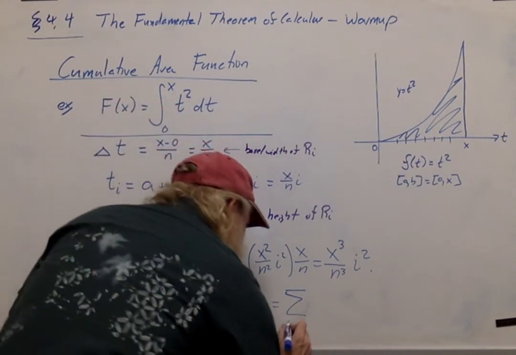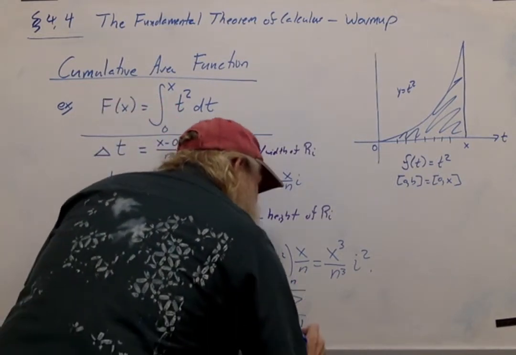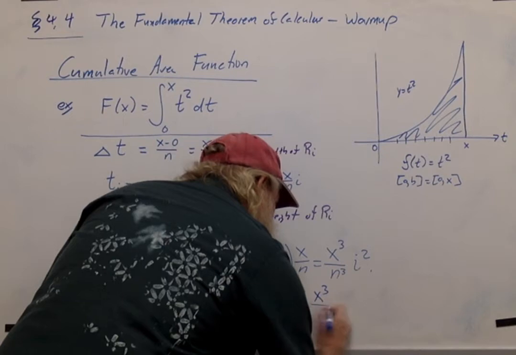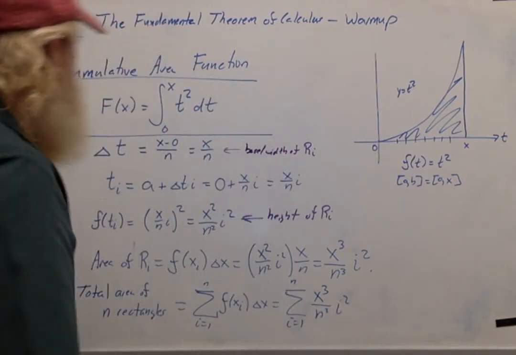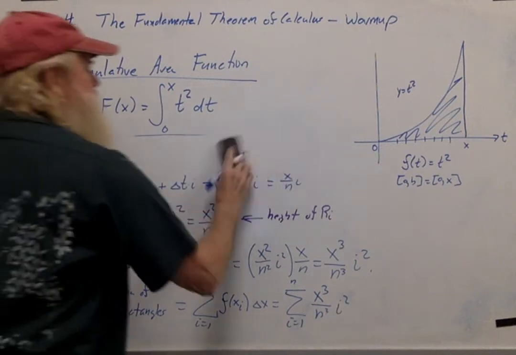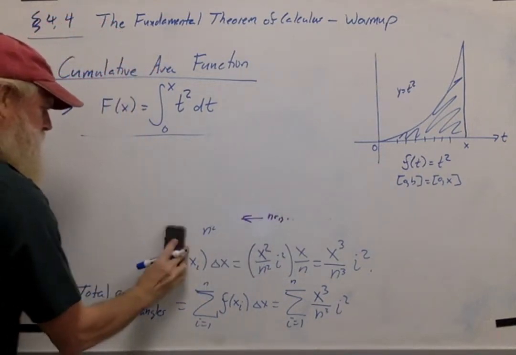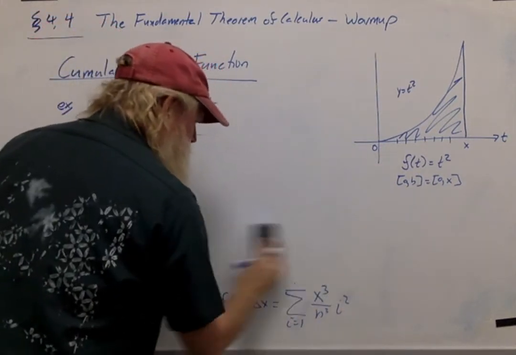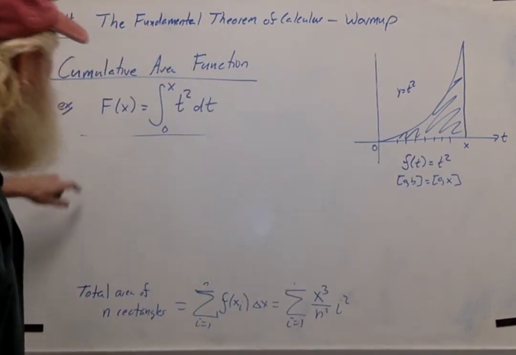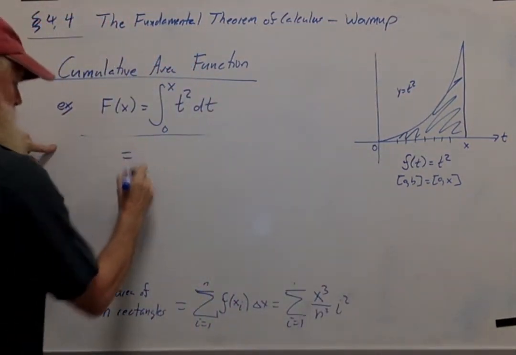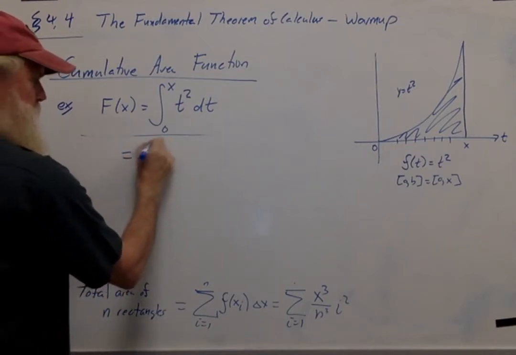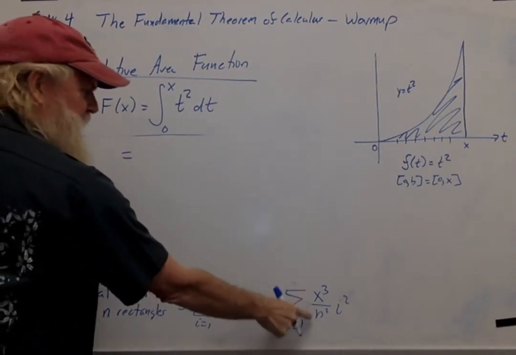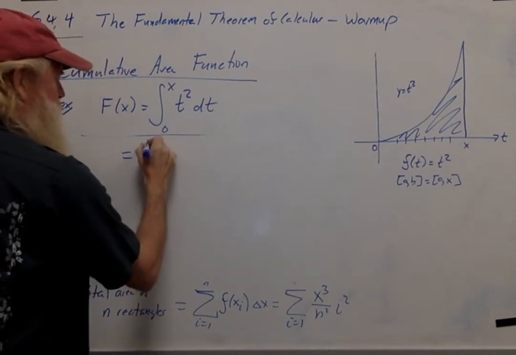So that's the sum i equals 1 to n of x cubed over n cubed times i squared. So that Riemann sum is equal to, factoring the x cubed over n cubed out front.